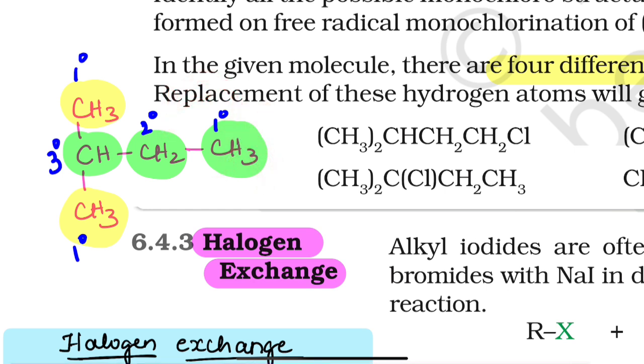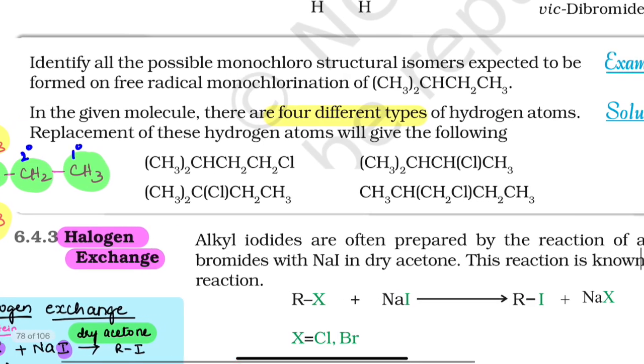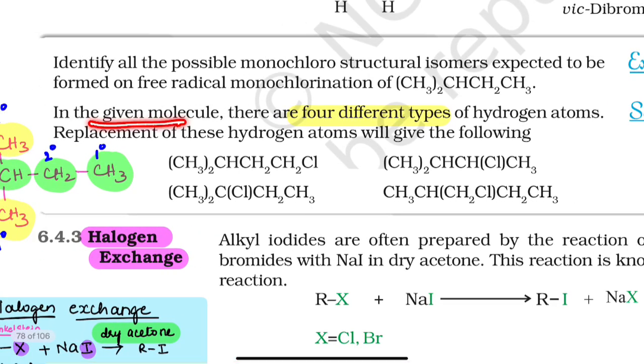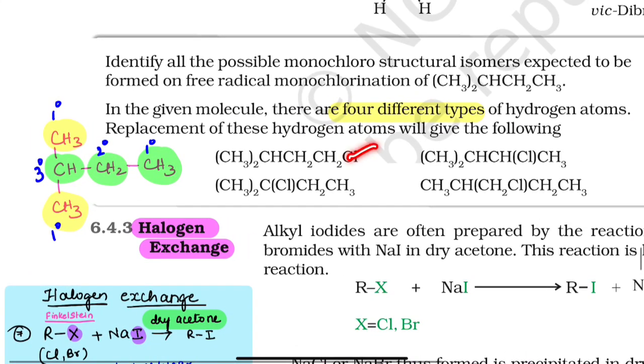Therefore the types of hydrogen atoms present here: this is one type, this is second type, this is third, this is fourth, this is fourth, because these two are same. Therefore four types of hydrogen atoms are present. If four types of hydrogen atoms are there, replace them and you will be getting four products. So first what I'll do is replace here hydrogen with chlorine.